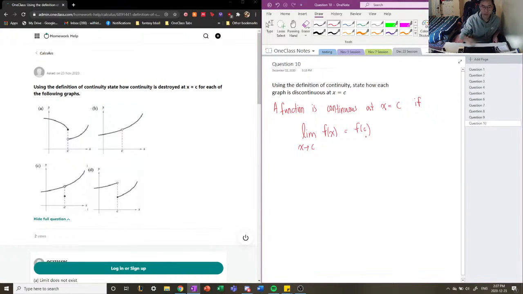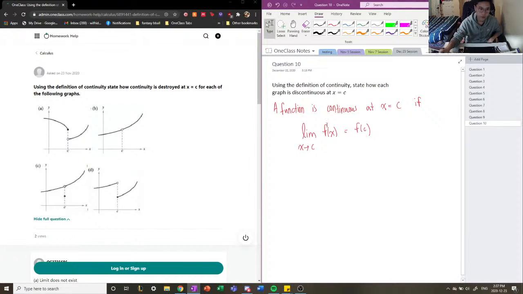So this is what it means for a function to be continuous. That means that the behavior as the function reaches c is equal to f of c itself. So that's what it means that functions are continuous at point c.